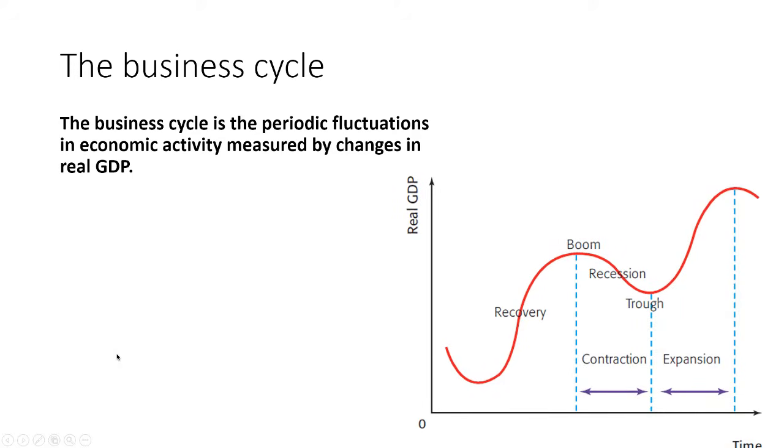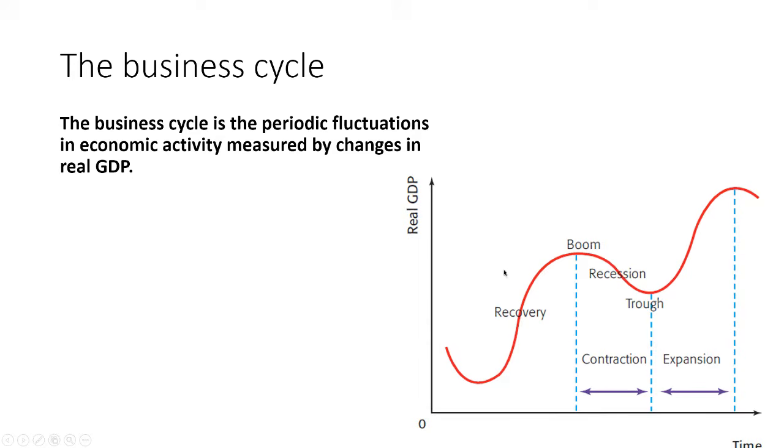This brings the concept of the business cycle. This shows the overall trend of an economy over time. So on the y-axis you have real GDP, and on the x-axis you have time. The business cycle is the periodic fluctuations in economic activity measured by changes in real GDP.